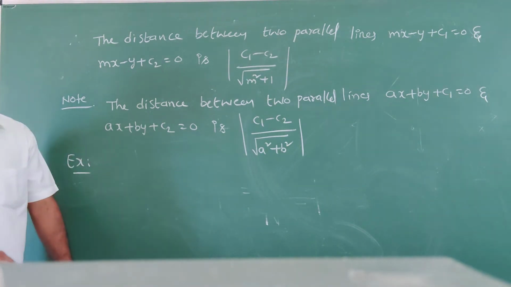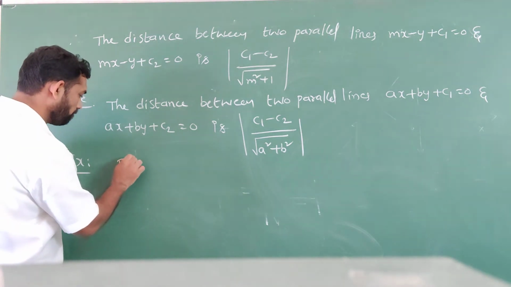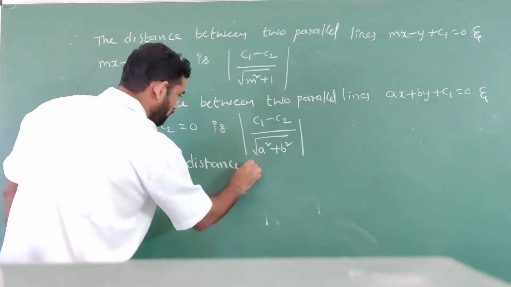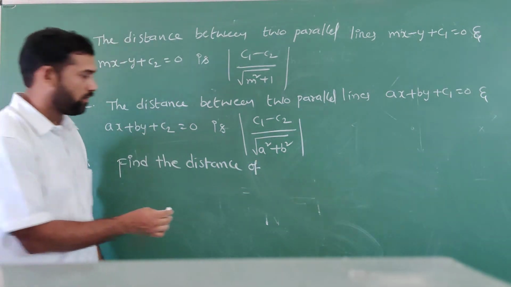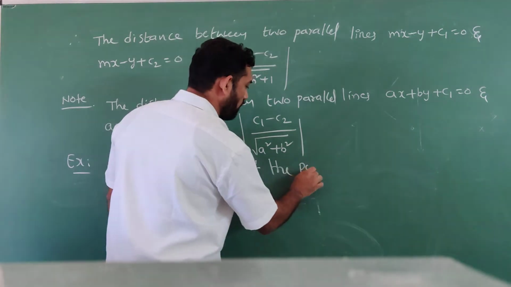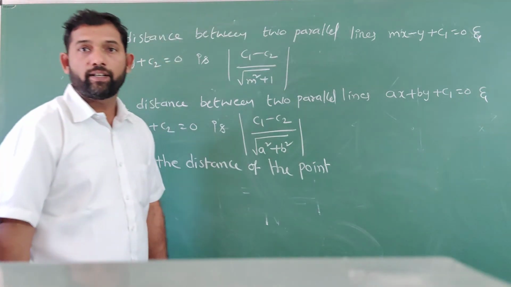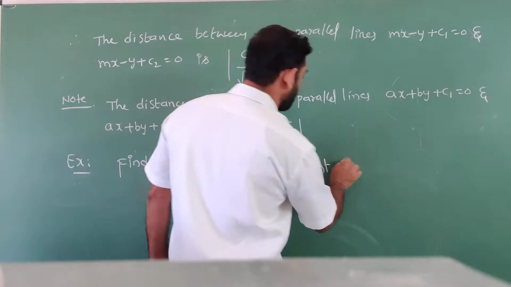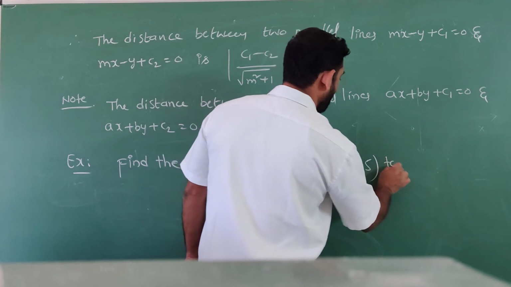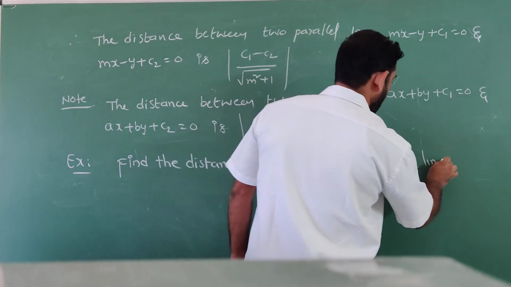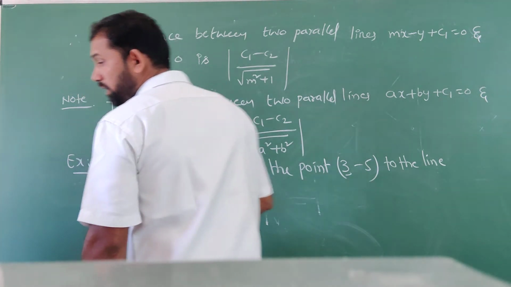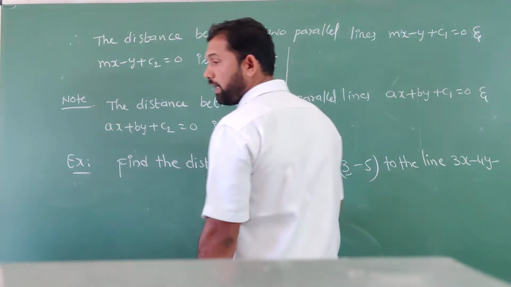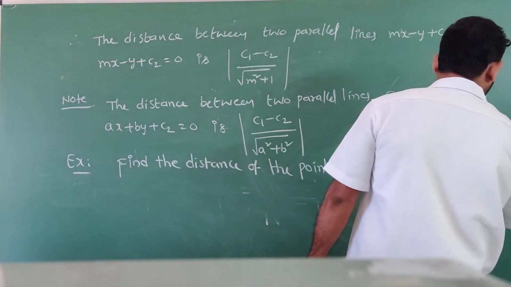Now on these two formulas, some example problems. One example problem: find the distance of the point 3 comma minus 5 to the line 3x minus 4y minus 26 equal to 0.